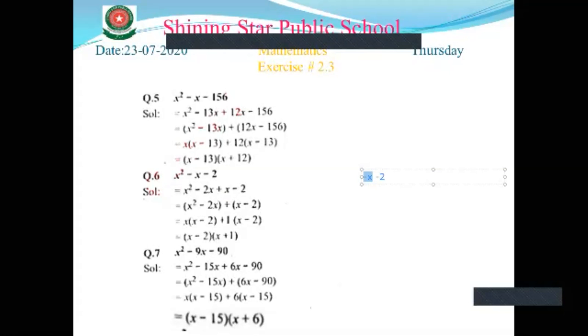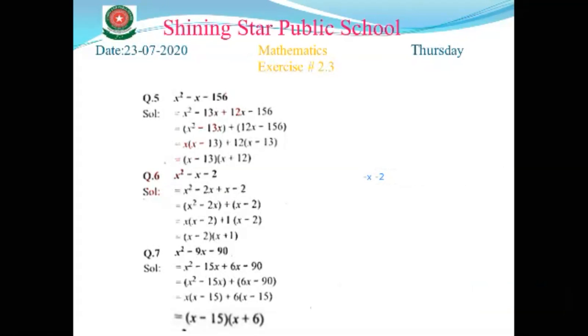Here is minus. Okay, so it means when we add the two numbers, now numbers are 2 and 1, because we know that 2 multiply 1 is 2.